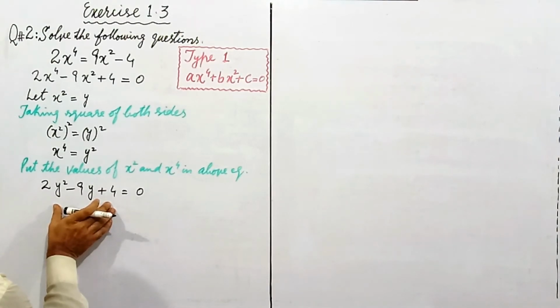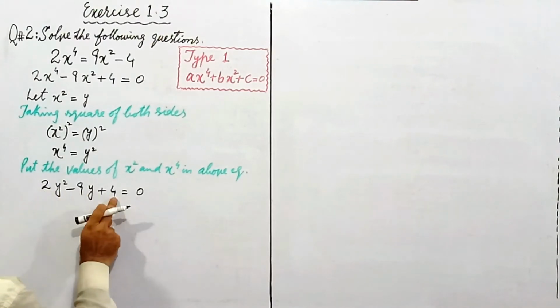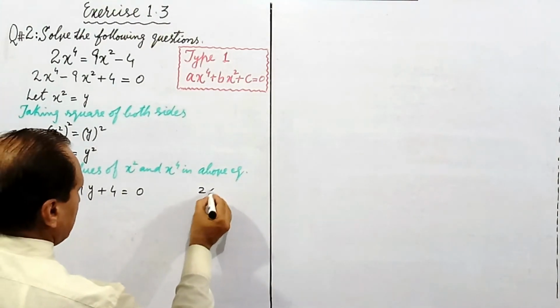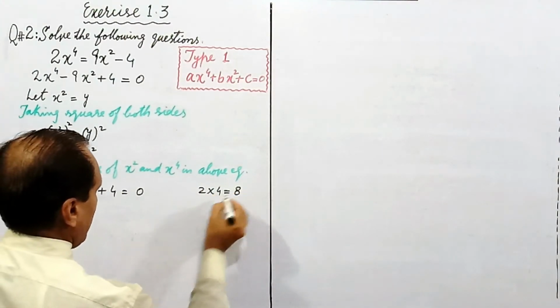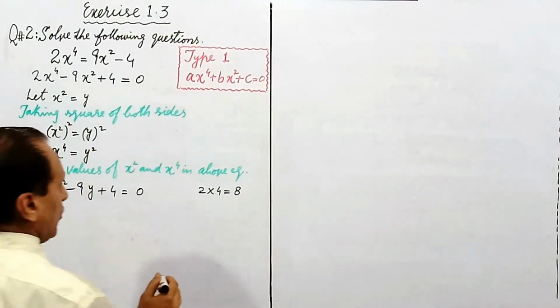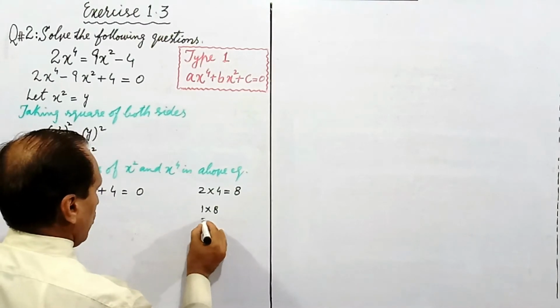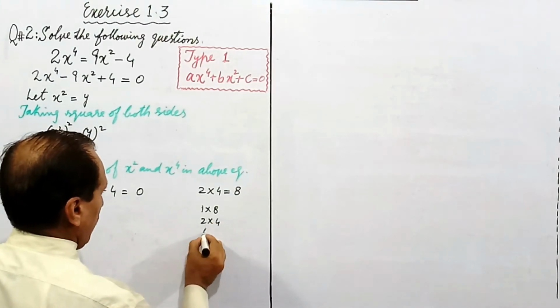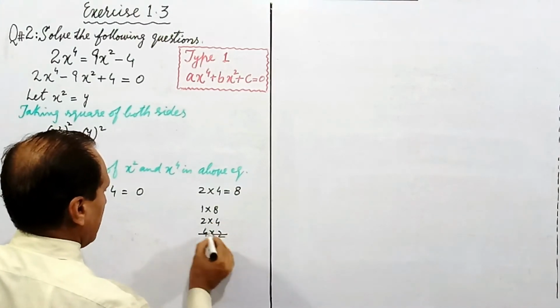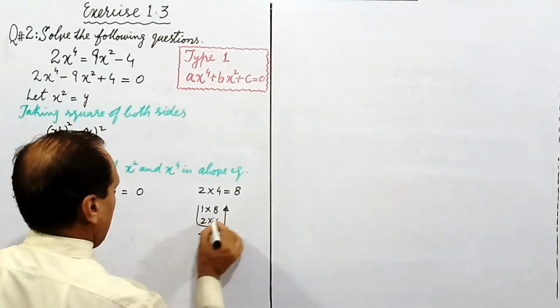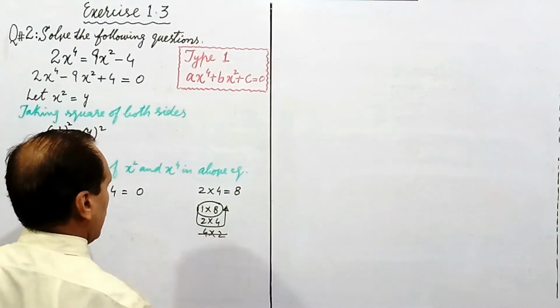We multiply the leading coefficient with the constant term. 2 fours are 8. The product is 8. We find the factors of 8. These are 1 into 8, 2 into 4, 4 into 2. Numbers are repeated, so we stop making factors, and our requirement is fulfilled by 1 and 8.